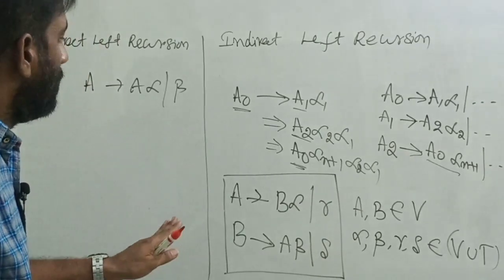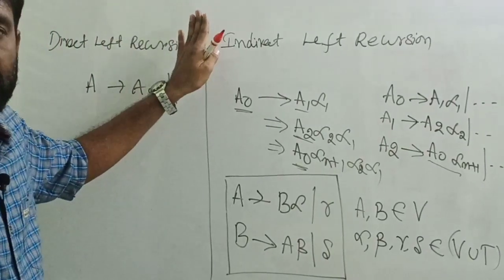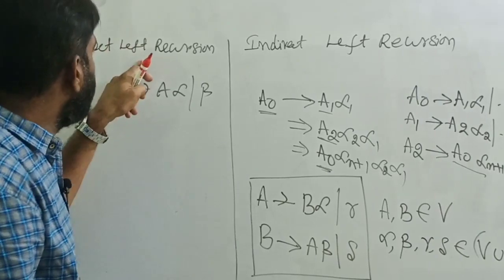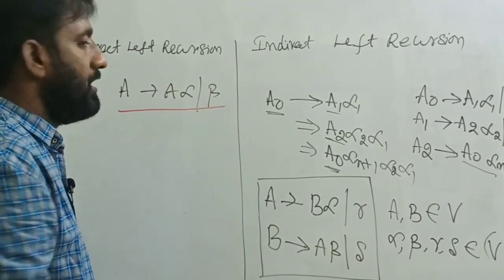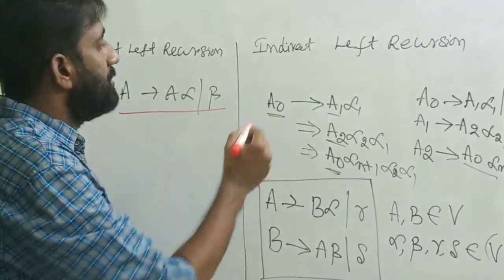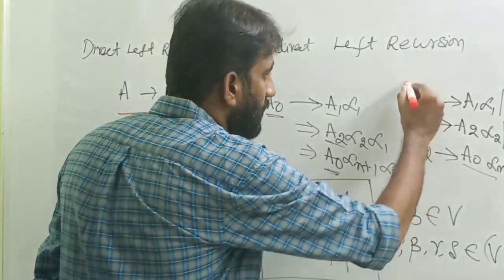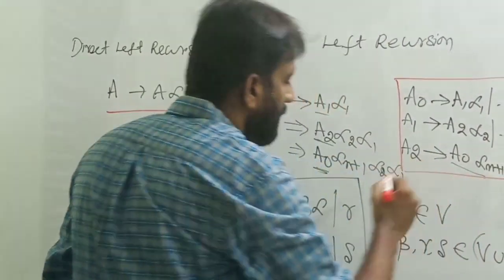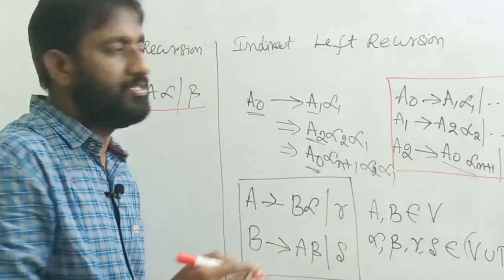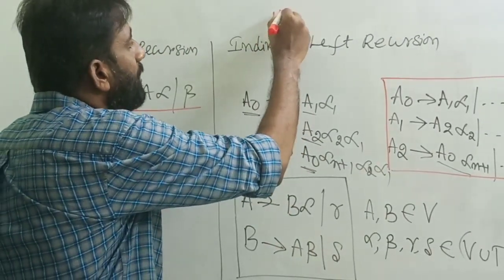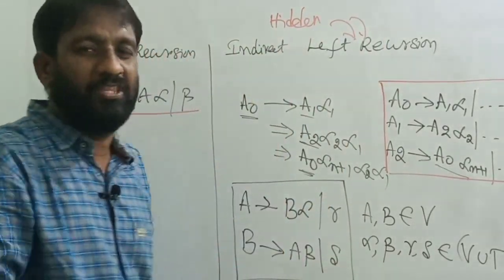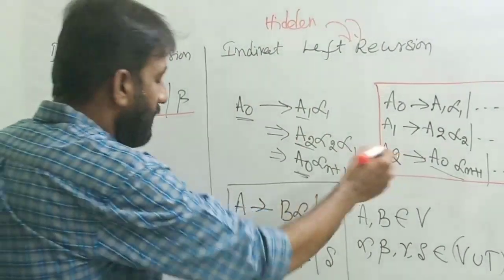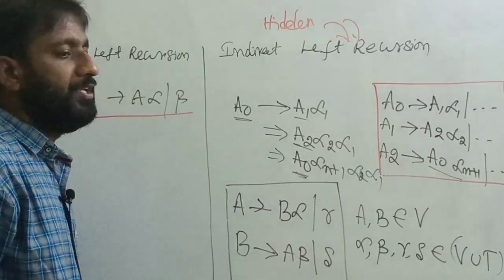So this is the left recursion introduction. Direct left recursion is when the production is of the form A tends to A alpha slash beta. This is one example of indirect left recursion. Another name for indirect left recursion is hidden left recursion. This is the generalized form of the indirect left recursion.